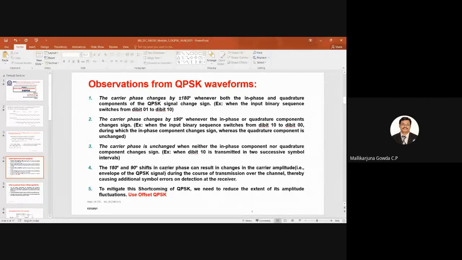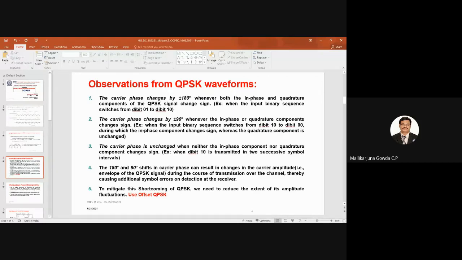Whenever the dibits, both in phase and quadrature, change, it undergoes a phase shift of 180 degree. If any one bit changes, it undergoes a phase shift of 90 degree, right? That leads to fluctuations in the amplitude of the carrier signal, and these variations in carrier amplitude lead to symbol errors at the receiver side. So how do we overcome that problem?